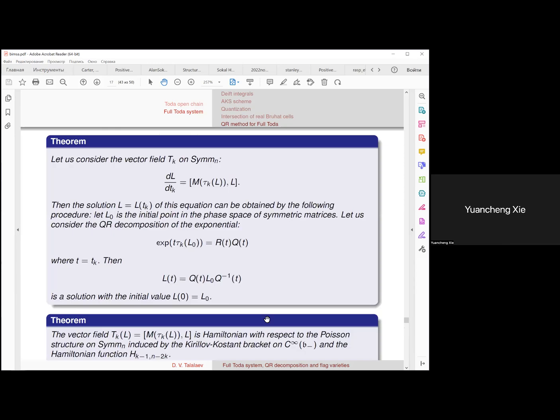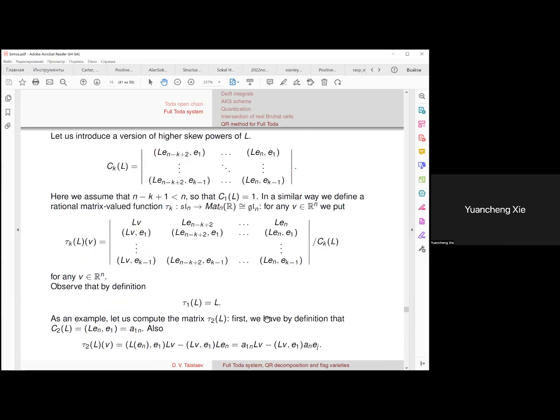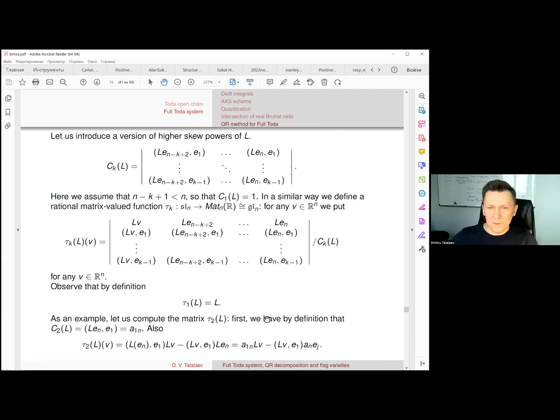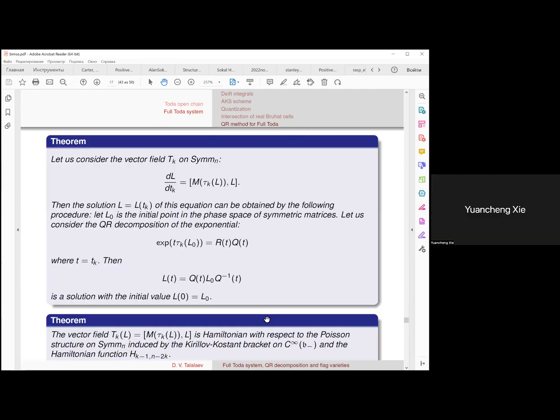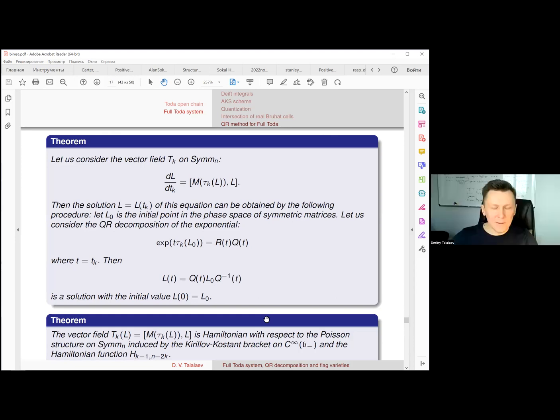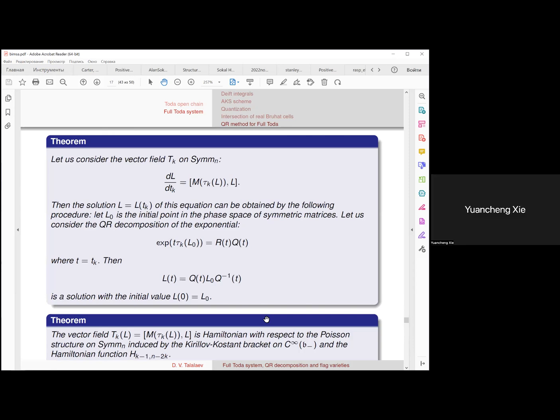Okay, so I have two questions. The first one is, for example, for the symmetric Toda lattice, you said we know that it's superintegrable, because you can have different parabolic subgroups, towers of parabolic subgroups. But can we obtain all of them at once?